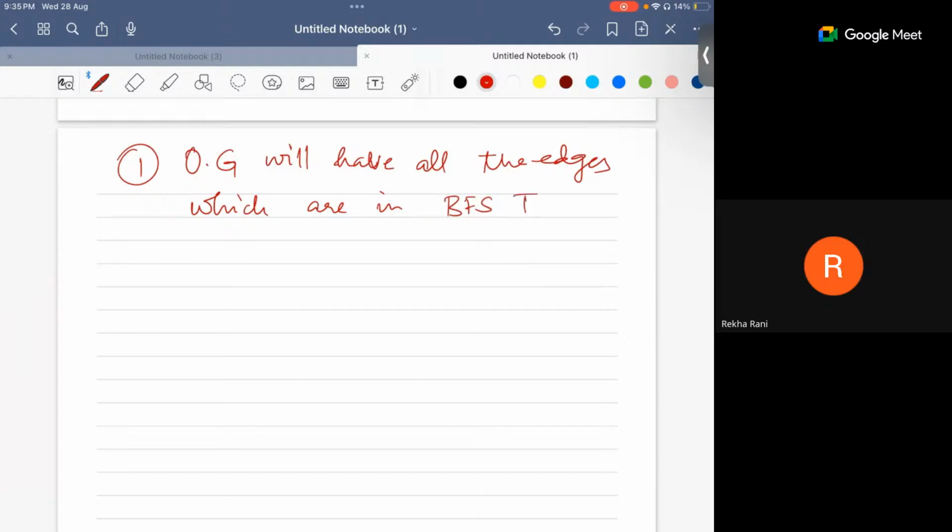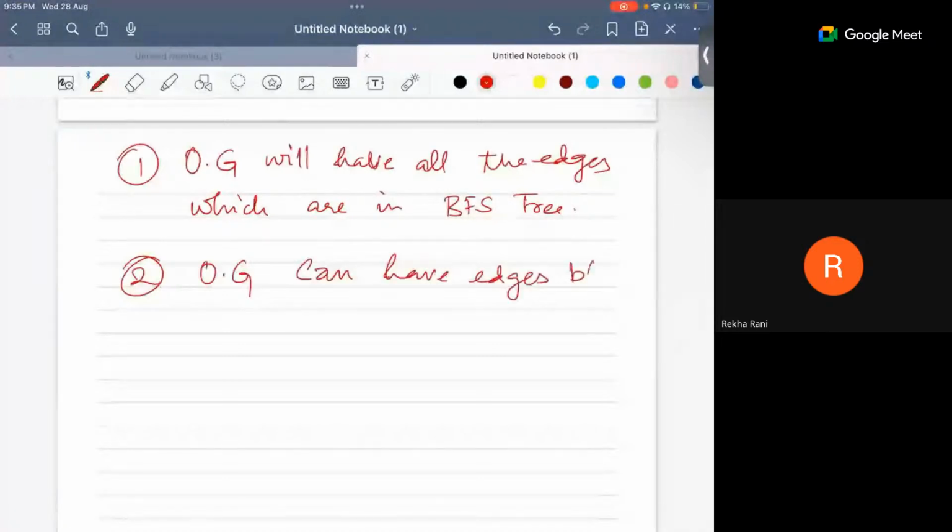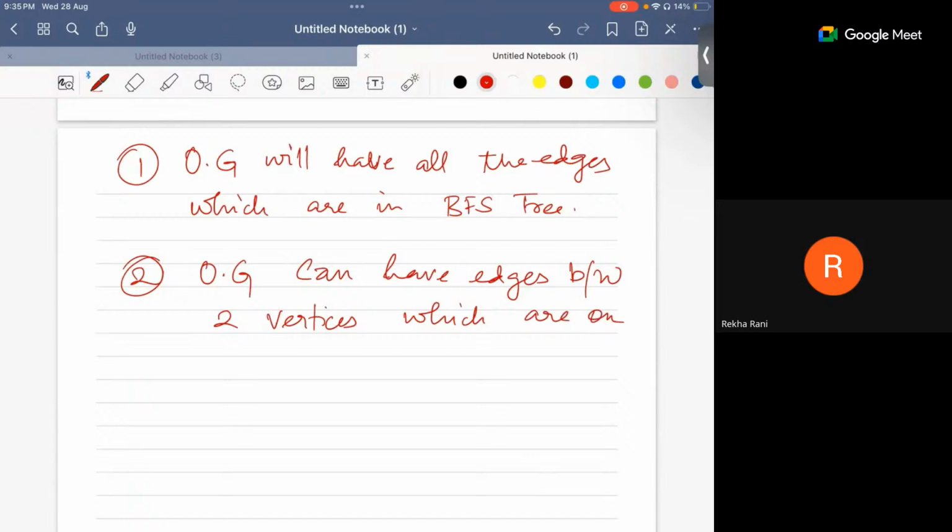Simple. The second thing is, the original graph can have edges between two vertices which are on the same level, or only one level difference.